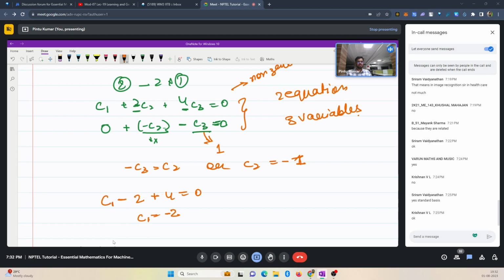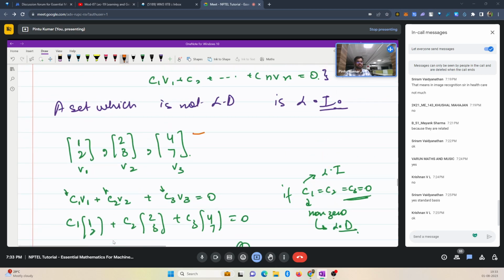You could have taken anything else over here also, and you would have got a non-zero solution for C1, C2 and C3. So (minus 2, minus 1, 1) is a solution for this set of equations. So these 3 elements are actually linearly dependent.